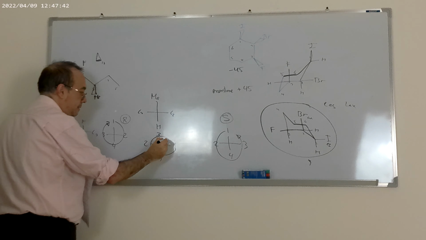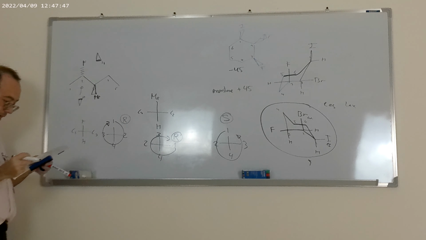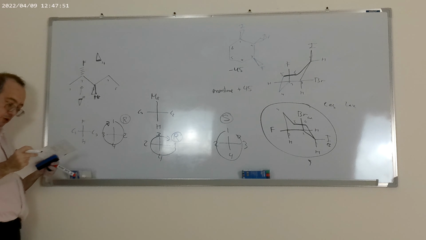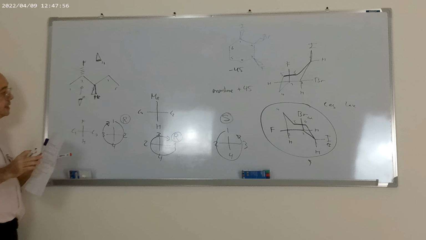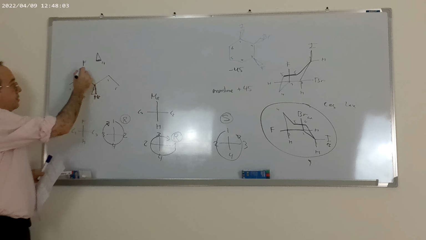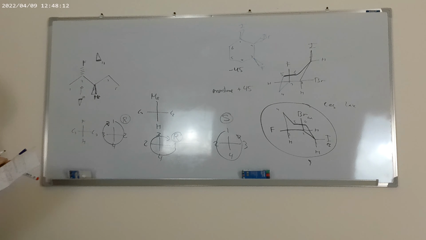I do it again, this is clockwise, it's R, and this time is what we want, isn't it? Yes. 3R, 2S. That means that if we draw it like this, this is the right configuration. This down, this up. Okay? Right? Good.